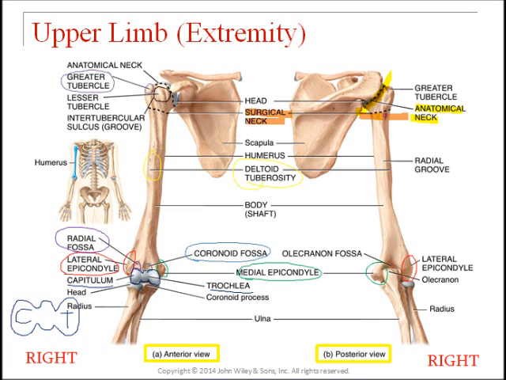When I look at a humerus, I want to notice at the distal end of the humerus, in blue, this bow tie looking structure. The bow tie looking structure will be at the anterior part of our elbow, and if you look at the other view, they look distinctly different. So whenever I look at a bone, the first thing I want to know is what bone is this and how am I looking at it?